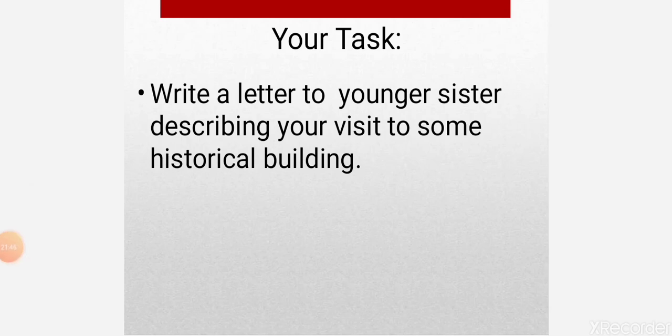Yes, now you are having one task which you can do yourself. I know you will do it very easily and in a proper manner, in a proper layout. So I will explain: it's a letter to a younger sister describing your visit to some historical building.